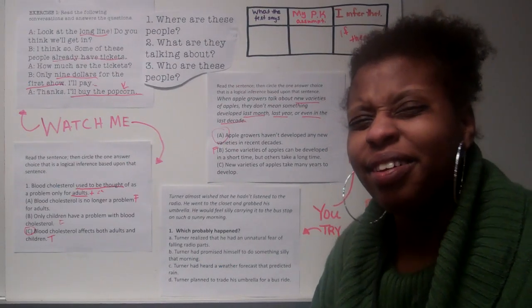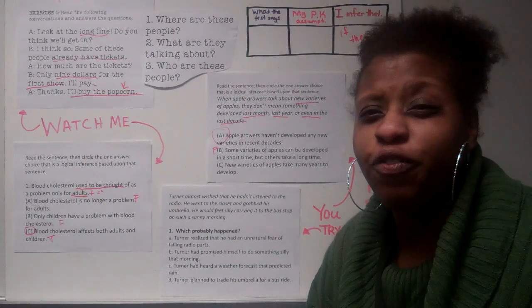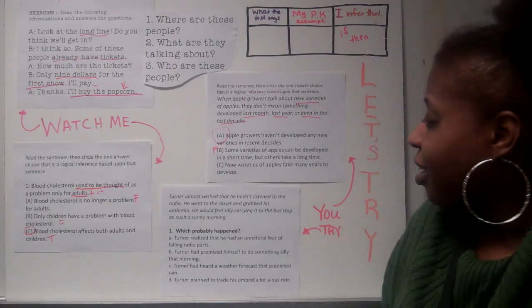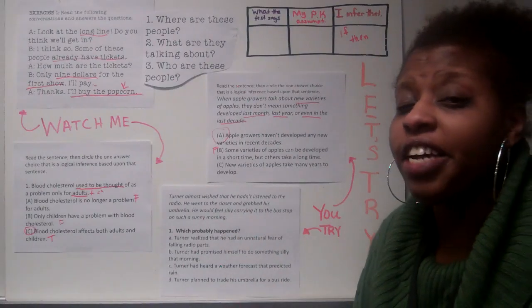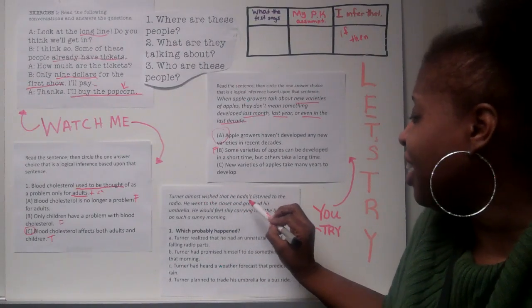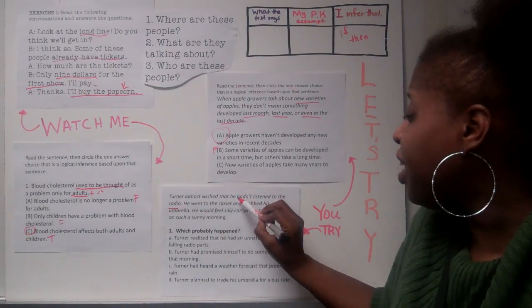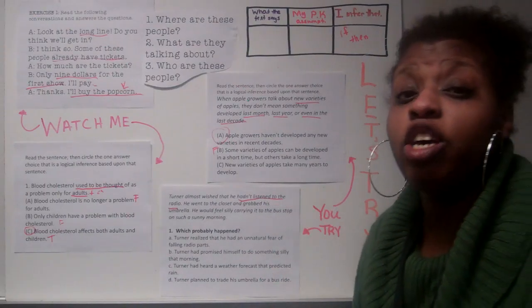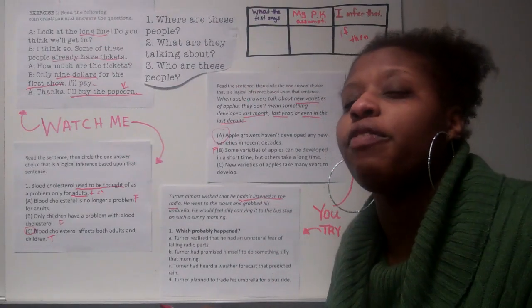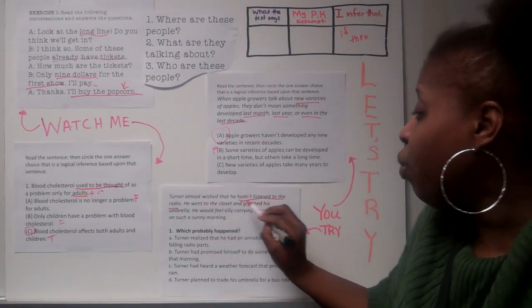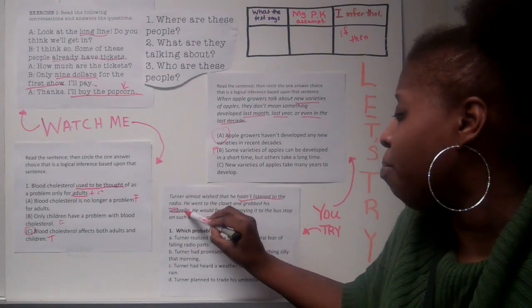What'd you come up with? Well, let's break it down. Let's do those 4 steps together. So, we're doing observations. He wished he hadn't listened to the radio. So whatever he heard on the radio, he's going to follow the instructions or whatever he heard on the radio. He went to the closet and grabbed his umbrella.